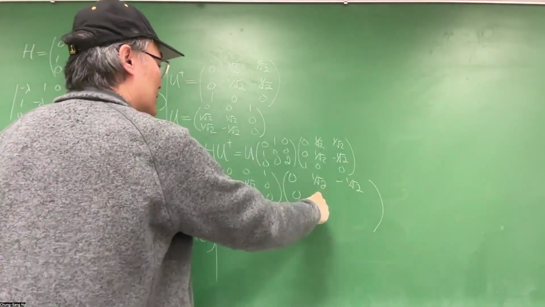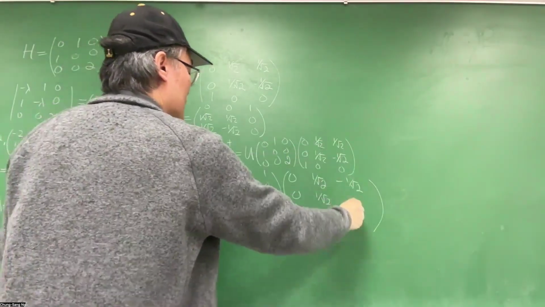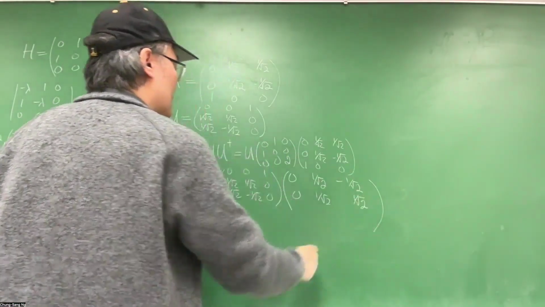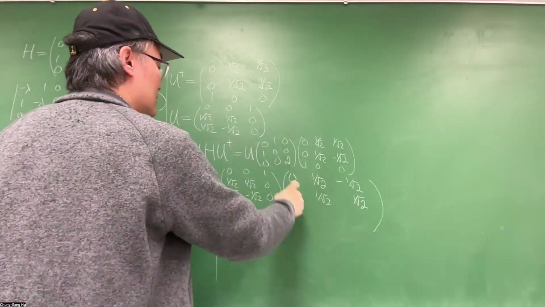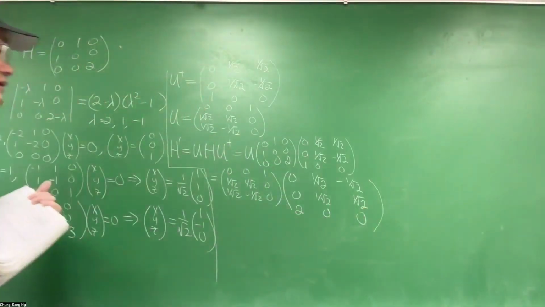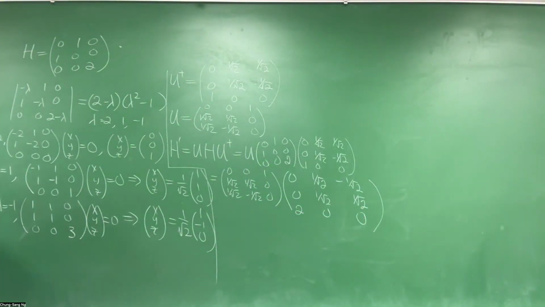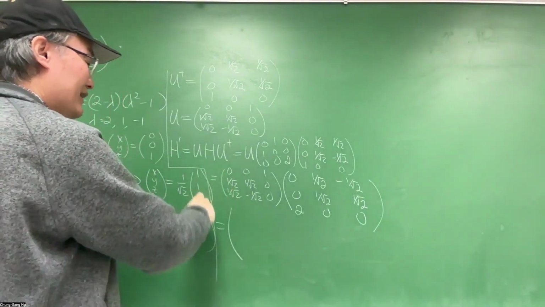And this times that is 1 over square root of 2. This times that is 1 over square root of 2. And finally, this times that is 2. This times that is 0. And 0. Okay. And now finally, hopefully it works out.